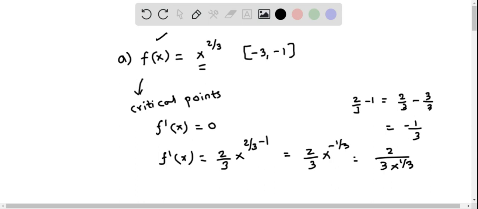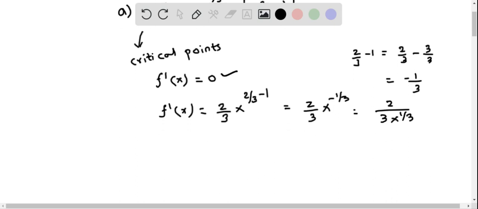So since we have to set f prime of x equals 0, we set this expression, that is 2 thirds x to the power 1 by 3, equals 0. This is a rational fraction, and any fraction becomes 0 only when the denominator is a large quantity, that is when it approaches infinity.